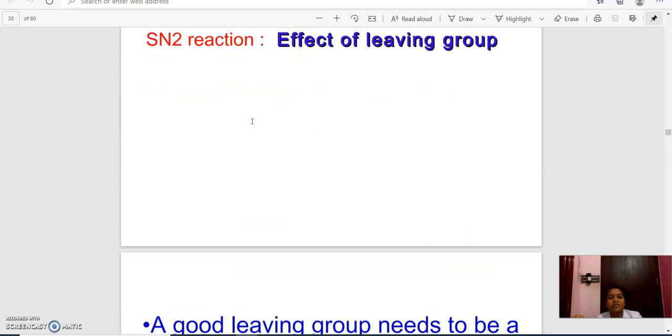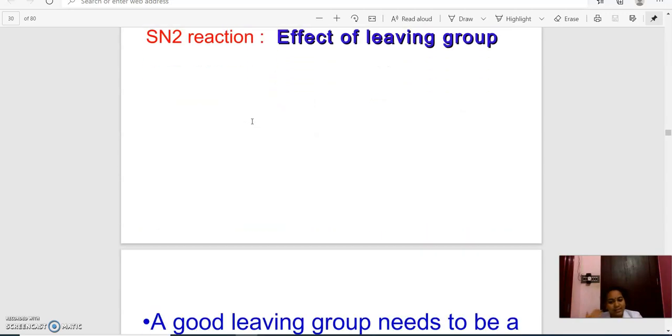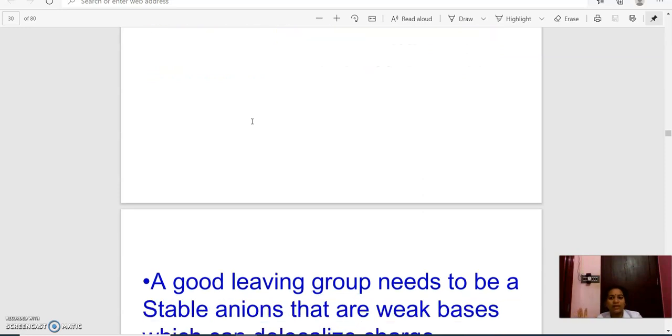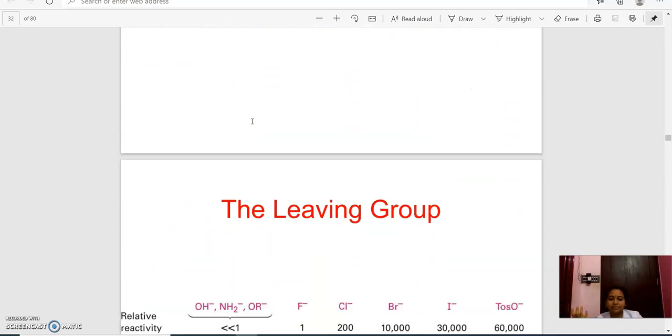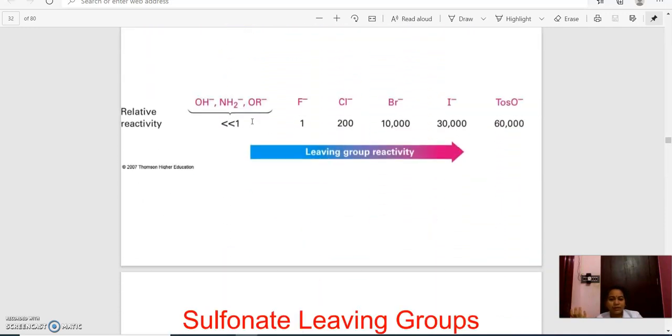Then the next one is the nature of the leaving group. A similar case as the nucleophile: if the leaving group has a high molecular mass, it has the ability to easily leave from the compound. Here you can see that leaving group reactivity increases.